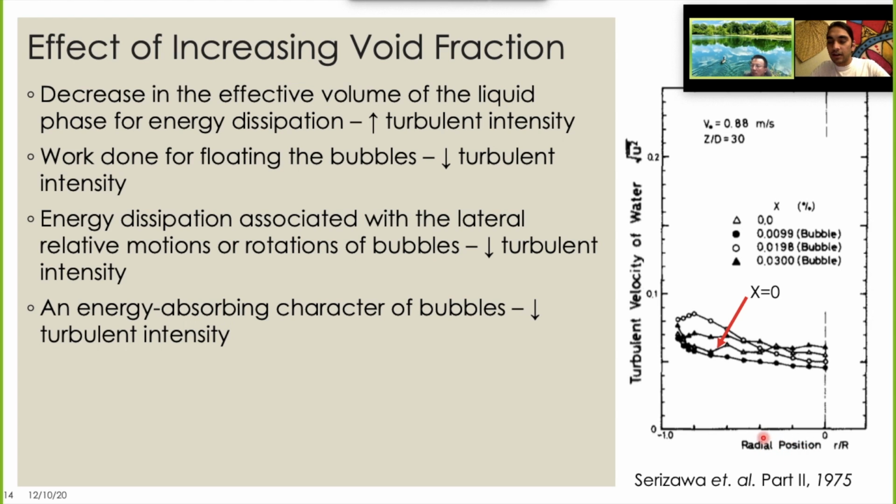So in this particular plot, from 1975, at the quality of 0, which is basically single phase flow, you can see that the turbulent velocity is plotted here for the radial position in the pipe that they were looking at, and they see that for different quality, the turbulent velocity might be more or less than the single phase flow. So they basically suggested that in some cases there might be an overall decrease in turbulence intensity due to the introduction of bubbles into the system.